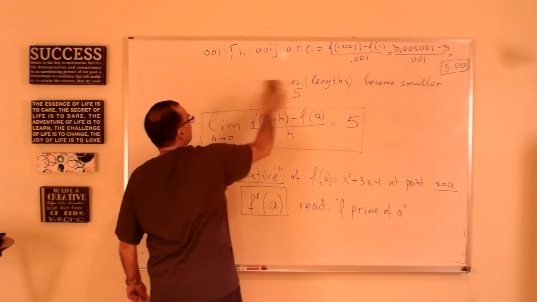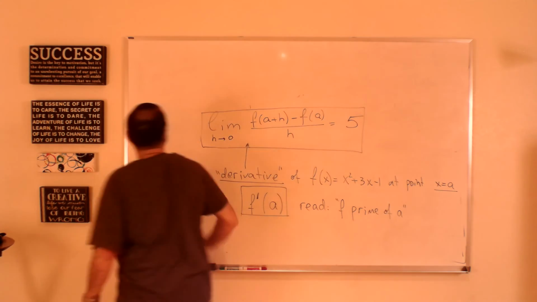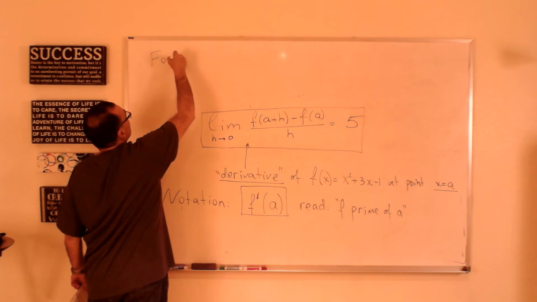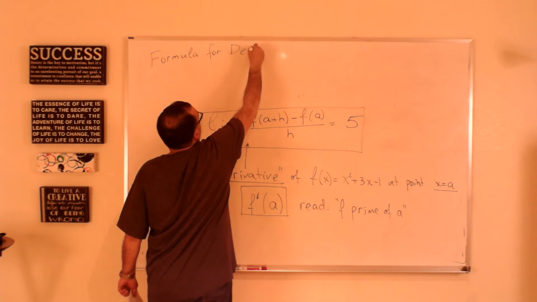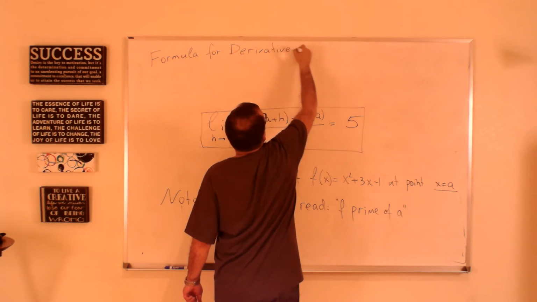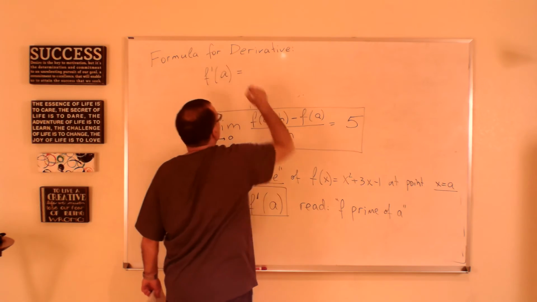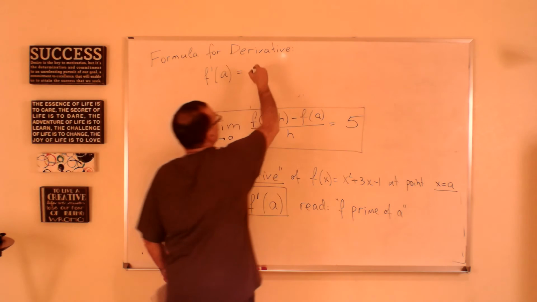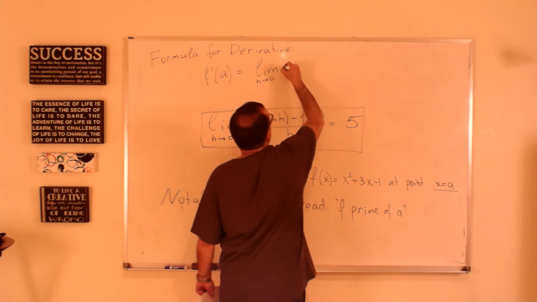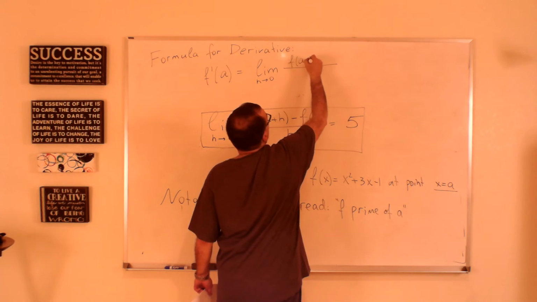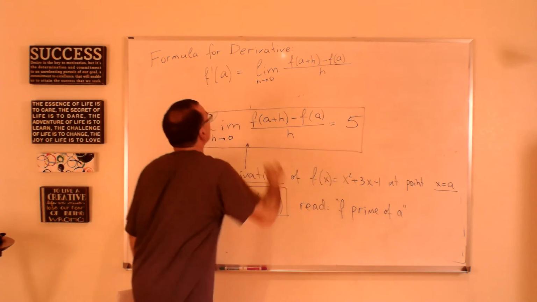Formula for the derivative. f prime of a is the common notation for the derivative, and then the limit as h approaches 0 of the quotient f of a plus h minus f of a, all that over h.